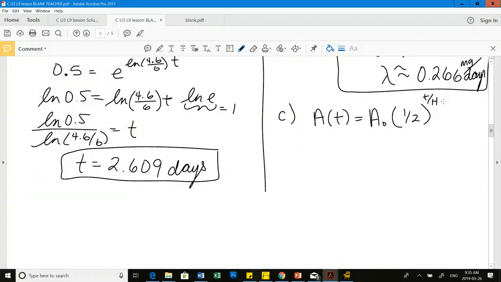So we'll replace this with N at t and N naught. Okay, we know the half-life is approximately 2.609, so we'll just put that in for the half-life. And then if our initial sample is 6, we can plug that in and so on. I think that's all it's asking us to do.